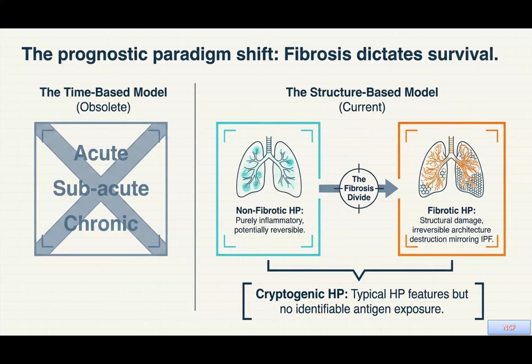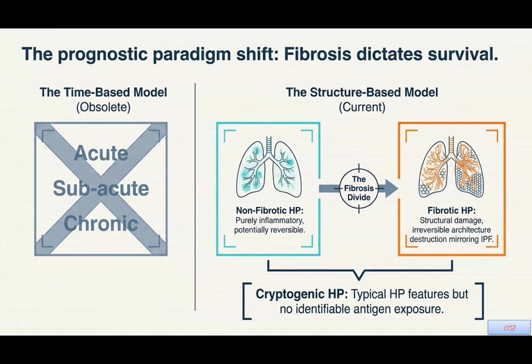So we now categorize hypersensitivity pneumonitis, HP, as non-fibrotic HP, which is potentially reversible and purely inflammatory, or we divide it into fibrotic HP, which is irreversible and often mirrors IPF.